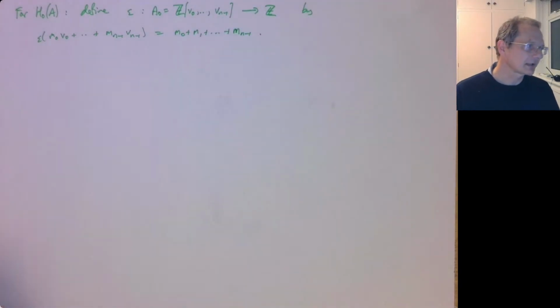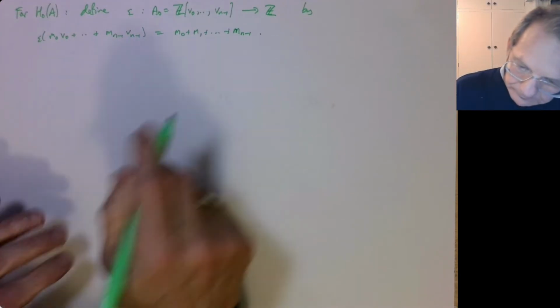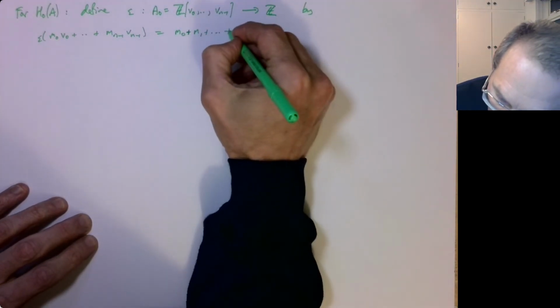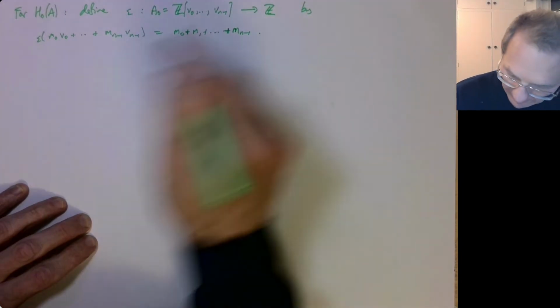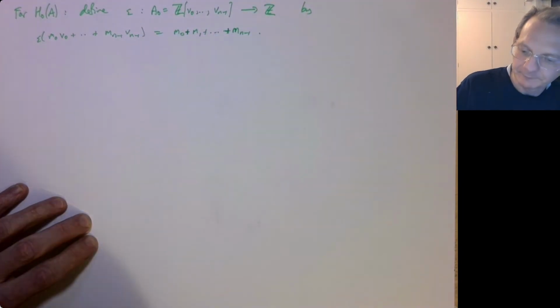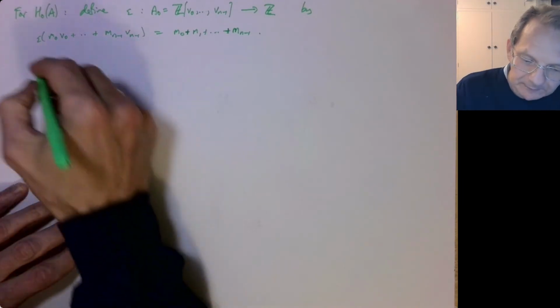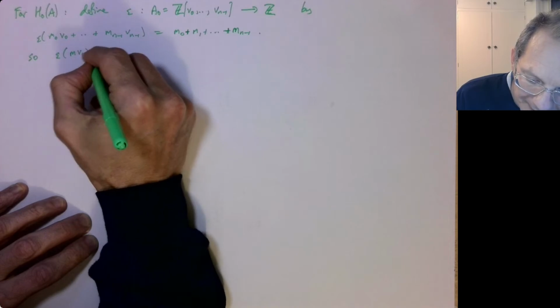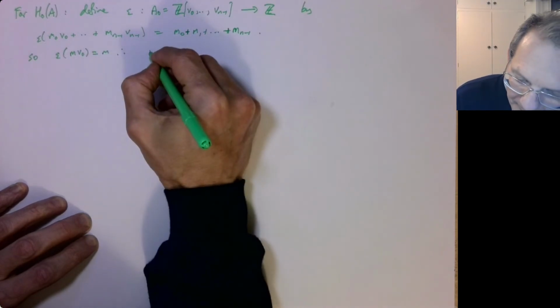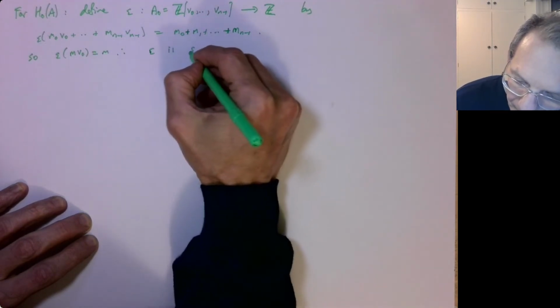I'm just going to take the sum of all coefficients here, and so that gives me an integer. So in particular, epsilon of m v0 is m, so that means that epsilon is surjective.